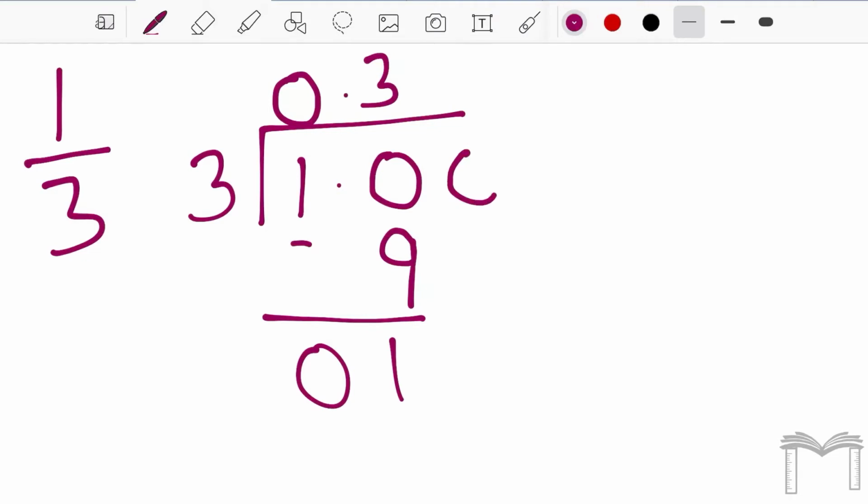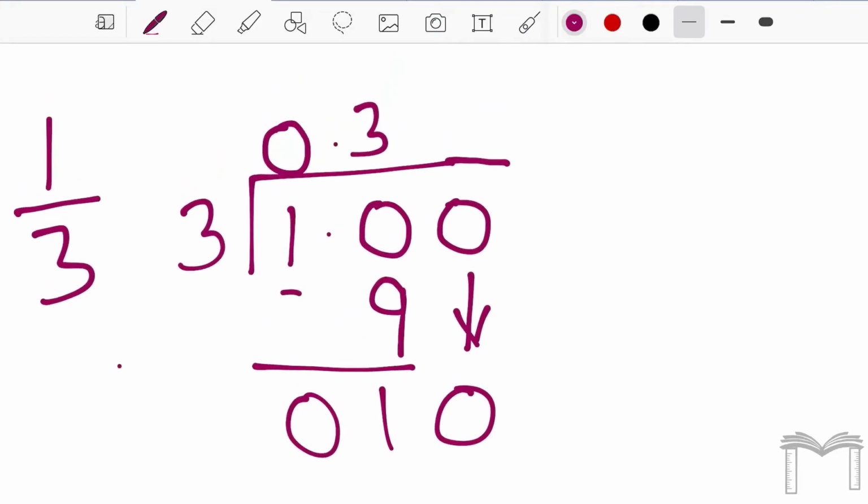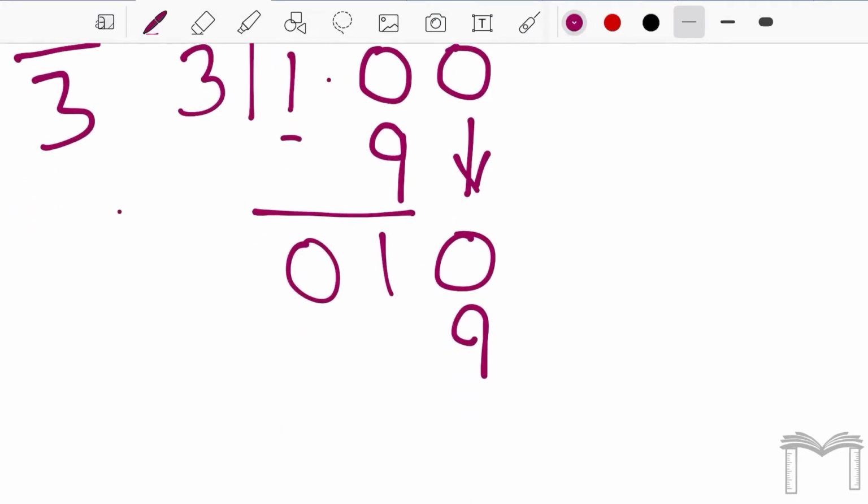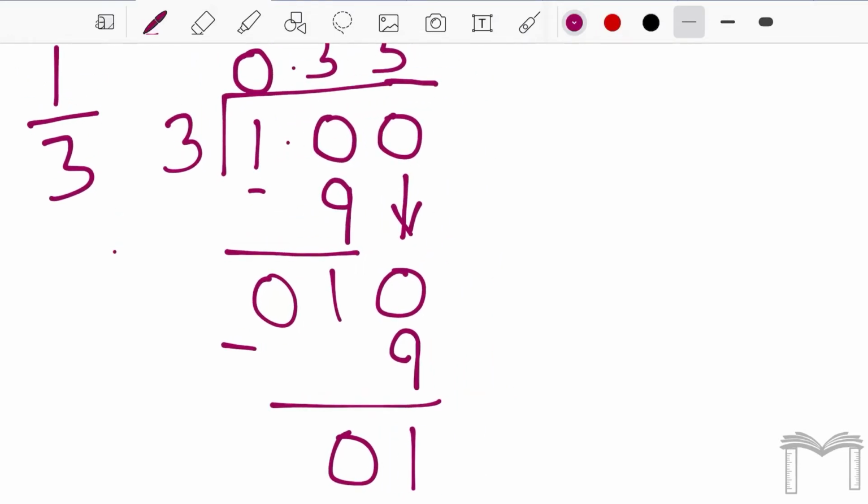We add another 0, bring it down. 3 into 10, we will get 3 again. 3 3s are 9. Subtract, we'll get 1. If we add another 0, we bring it down.